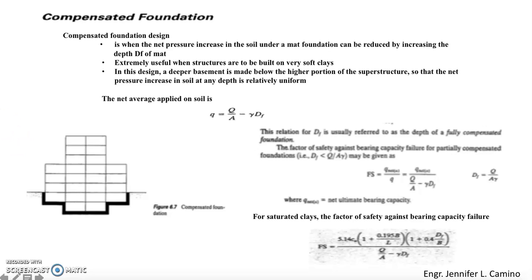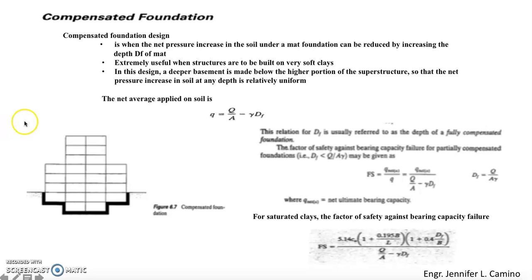It is when the net pressure increase in the soil under a mat foundation can be reduced by increasing the depth of the mat foundation. So it is extremely useful when structures are to be built on very soft clay.